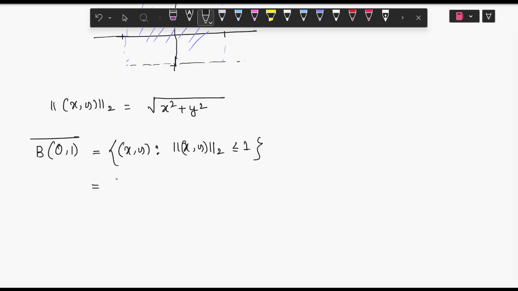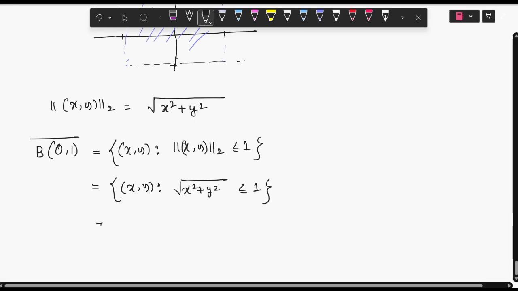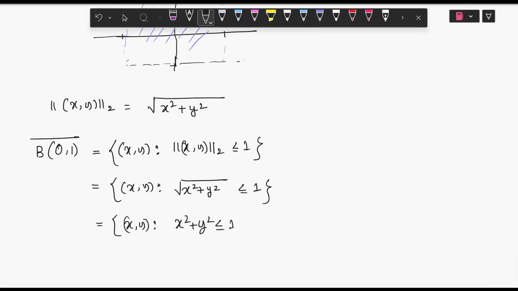So what I am doing, all such (x, y) such that the square root of x square plus y square is less than or equal to 1, that is, x square plus y square is less than or equal to 1.